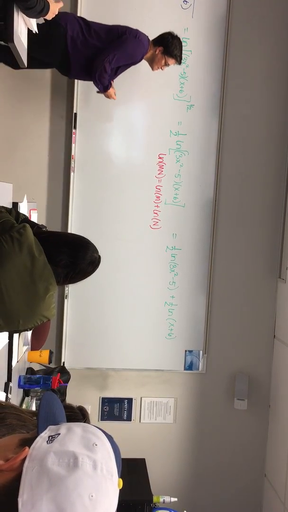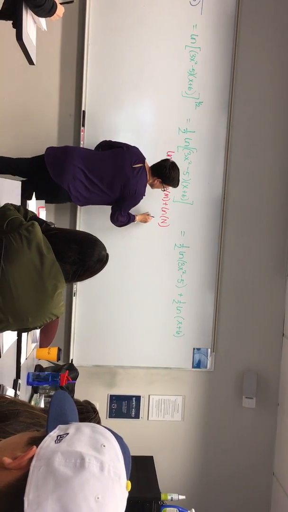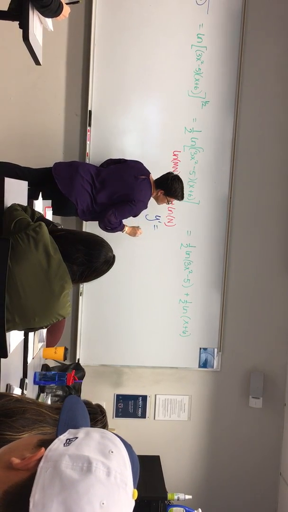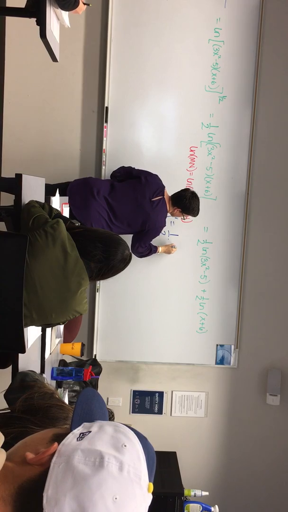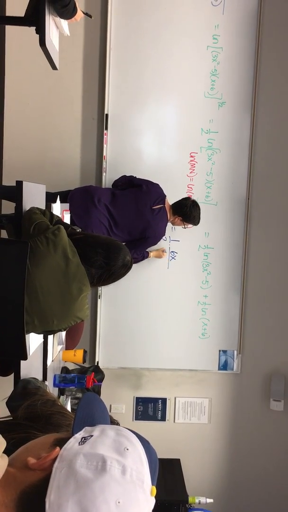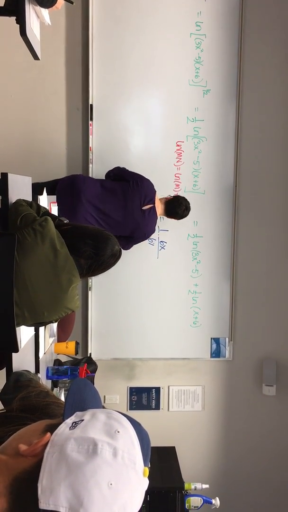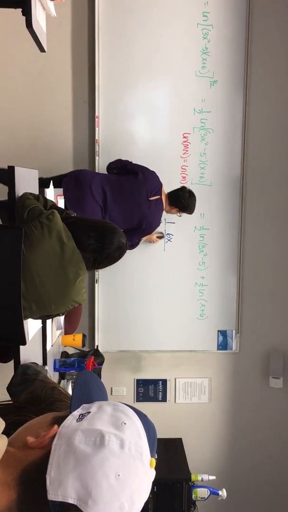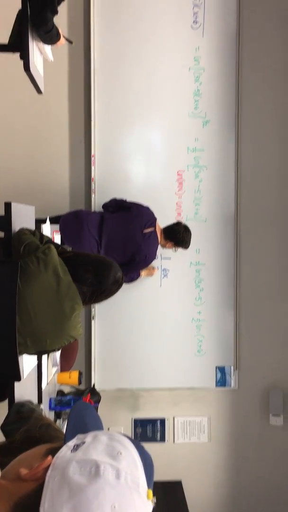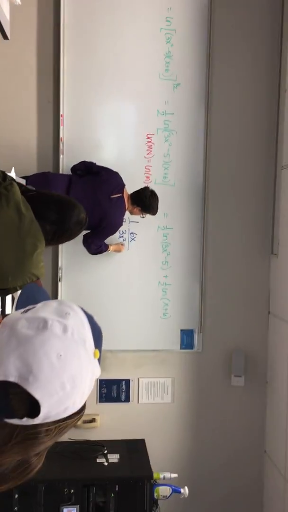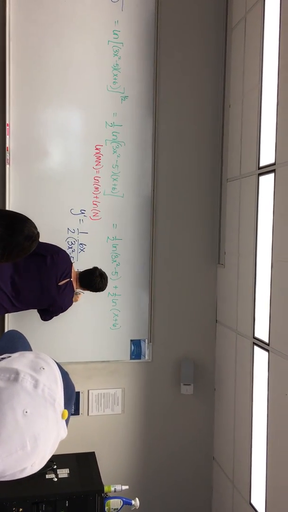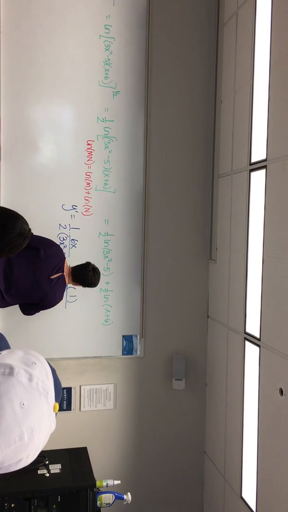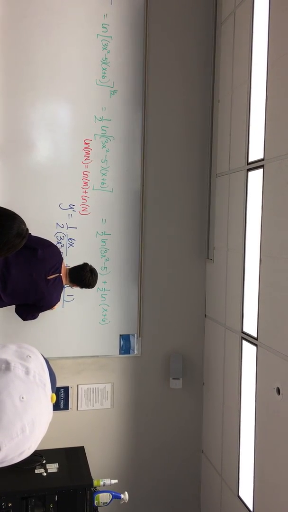Yeah. So what's my derivative? y prime equals 1/2 times 6x over 3x squared minus 5, plus 1/2 times 1 divided by x plus 6.